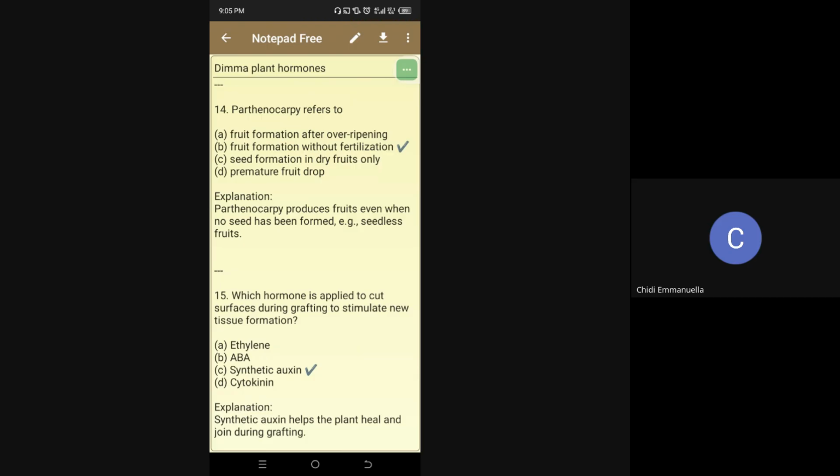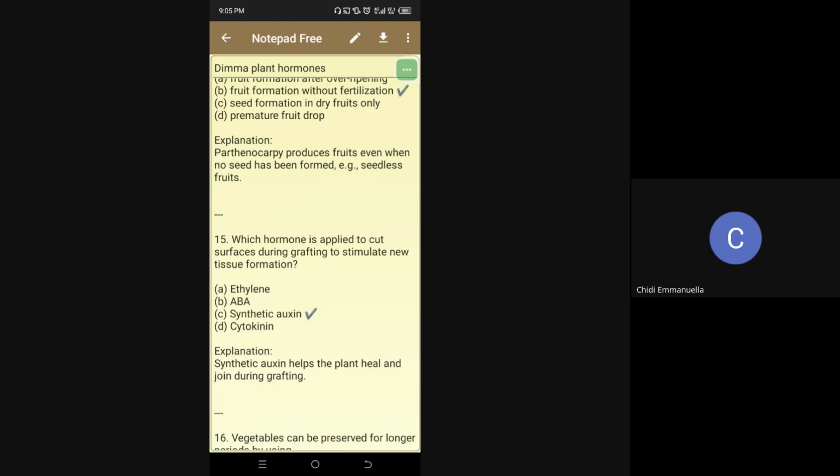Which hormone is applied to cut surfaces during grafting to stimulate new tissue formation? You know what grafting is now? You cut a certain part of the plant, maybe the stem, and then you connect it with the stem of another plant.